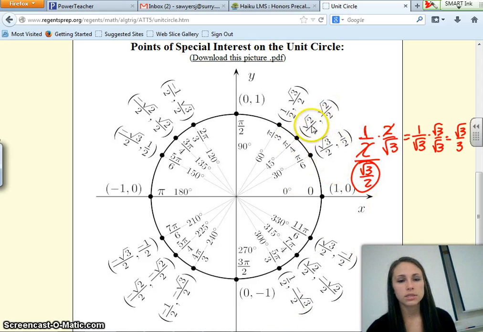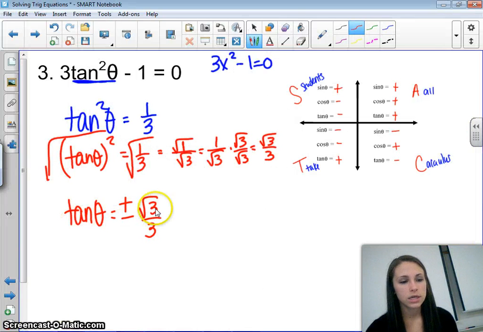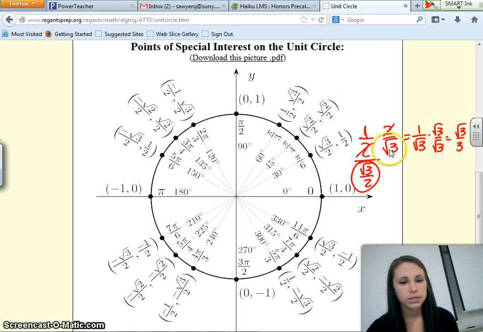I knew it wasn't going to be this angle because that's just going to be 1 when I simplify y over the x. And then this one is not going to give me a square root of 3 in the bottom, so I won't end up with square root of 3 over 3, which is what I need. So this is asking where is the tangent square root of 3 over 3? Well, that's going to happen at pi over 6, and since it's plus or minus, I want all the pi over 6's.